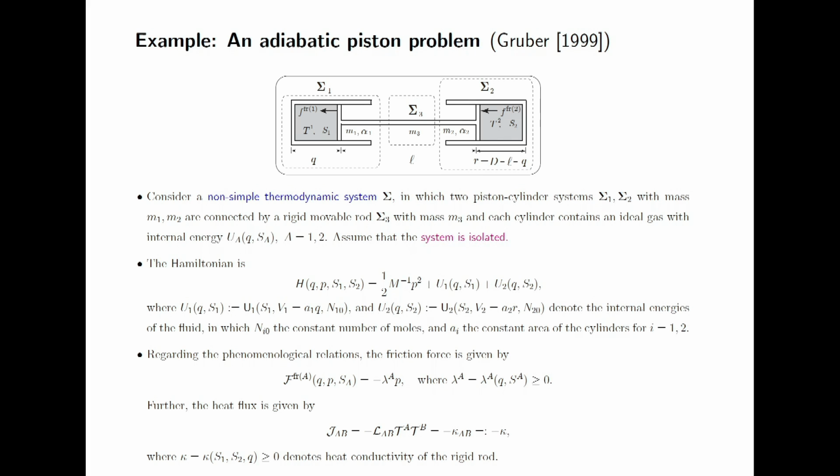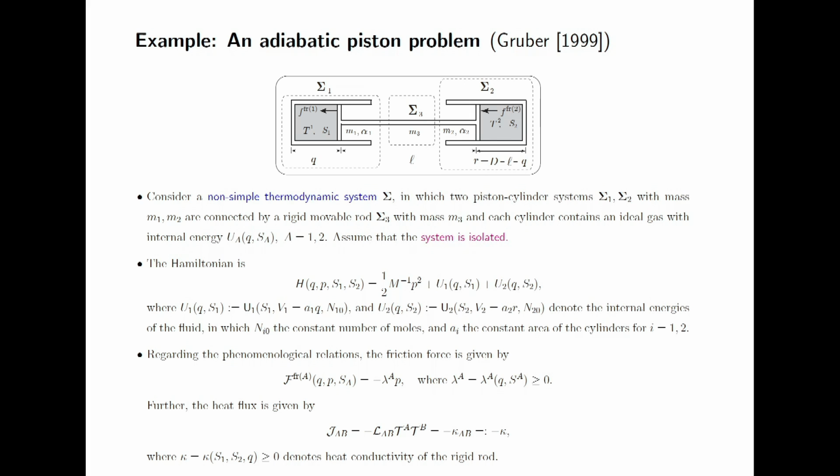So we know how it was done by him, but we did it in our approach, and the non-simple system is an interconnected system of sigma 1, 2, 3. So 1 and 2 are single pistons, and sigma 3 is a movable rigid rod with some mass.